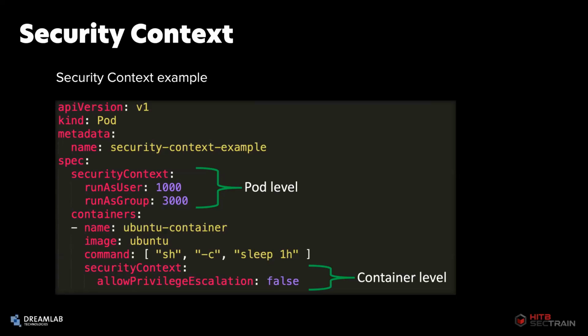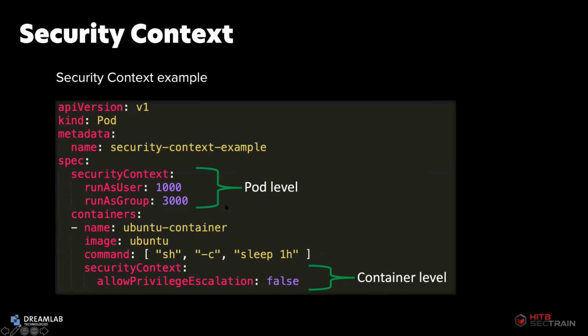When we were talking about AppArmor, Seccomp, all those features can be applied on Kubernetes. You have to use the security context for doing that. Here we have an example. You have to know that the security context can be defined at pod level or container level in Kubernetes, if you have not used it before.